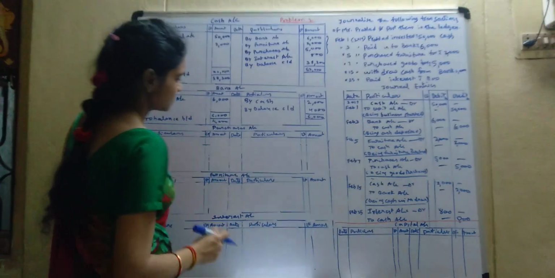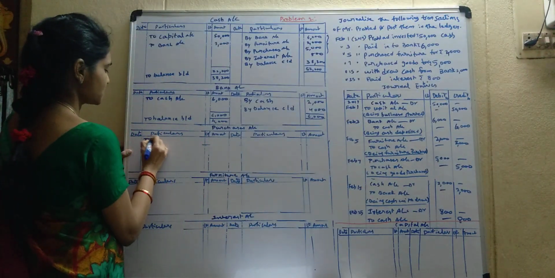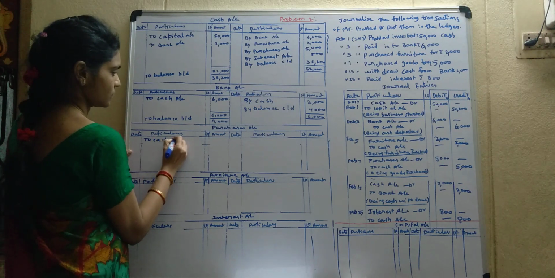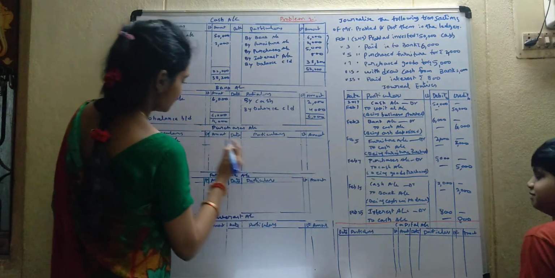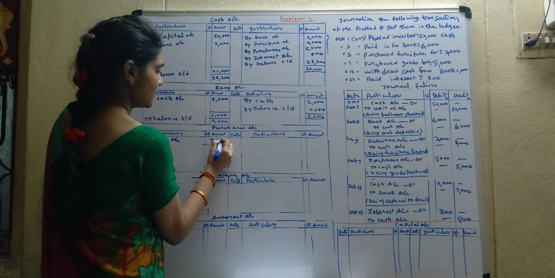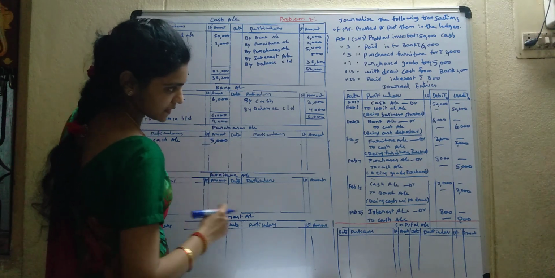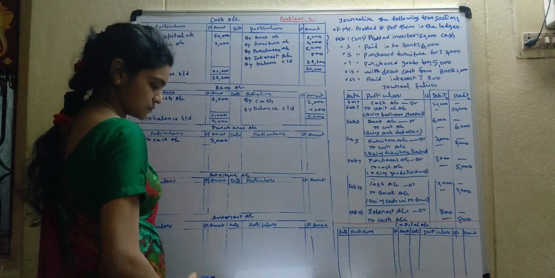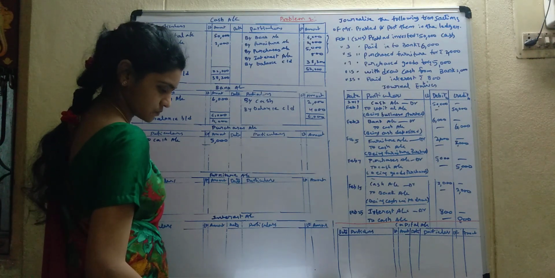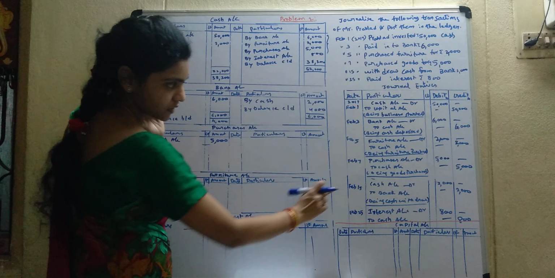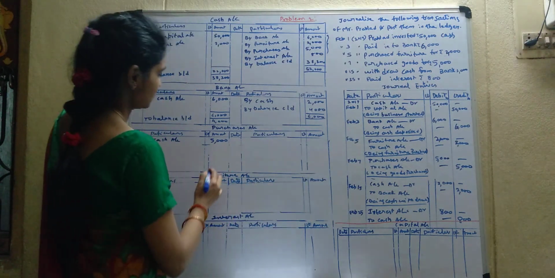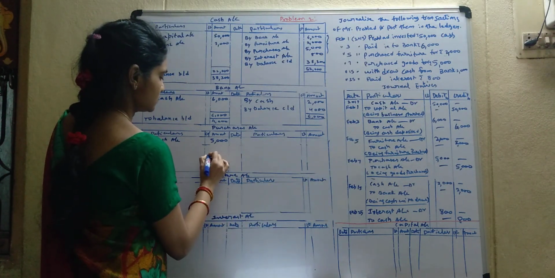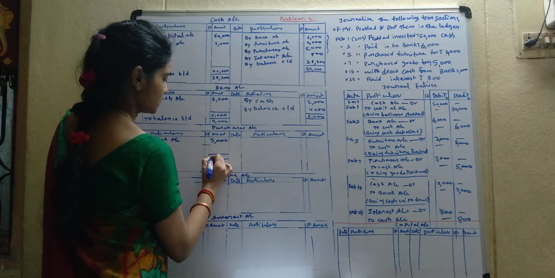Purchases here. Now to cash, 5,000. Any entry regarding purchases here? February 7th. Any single entry? So 5,000.